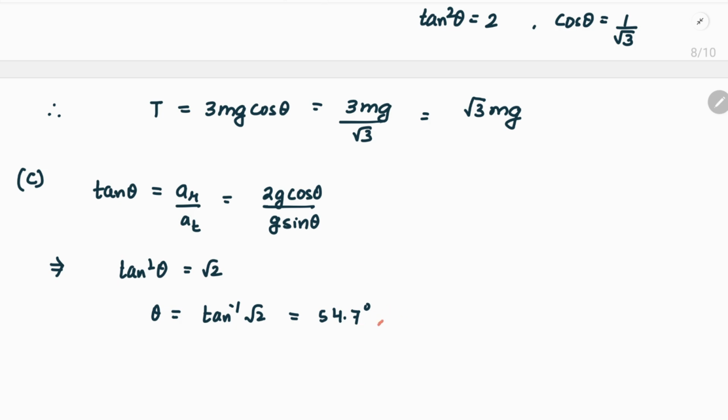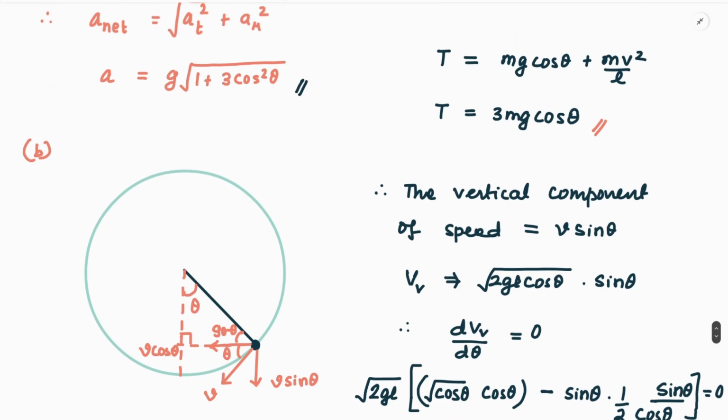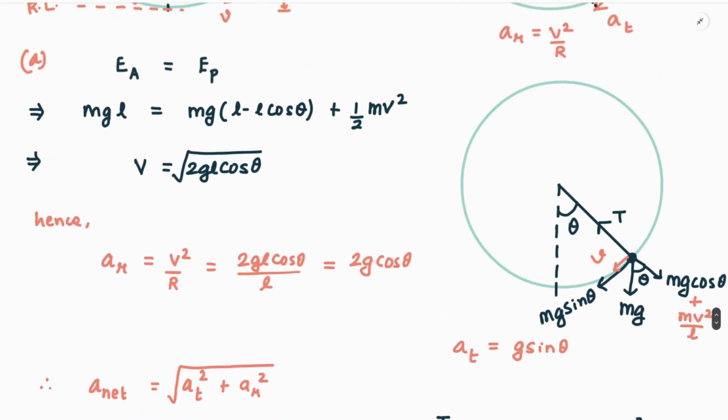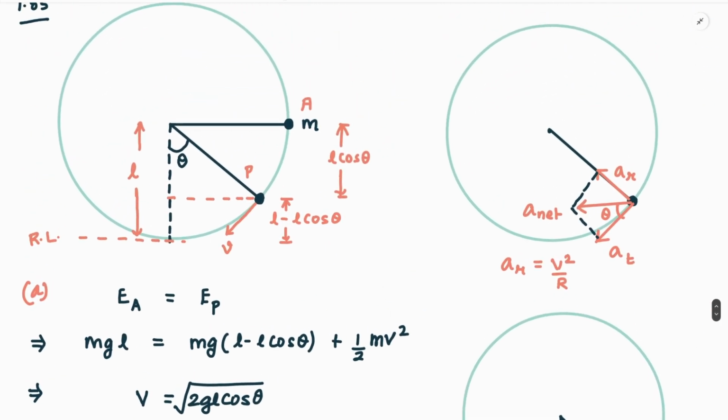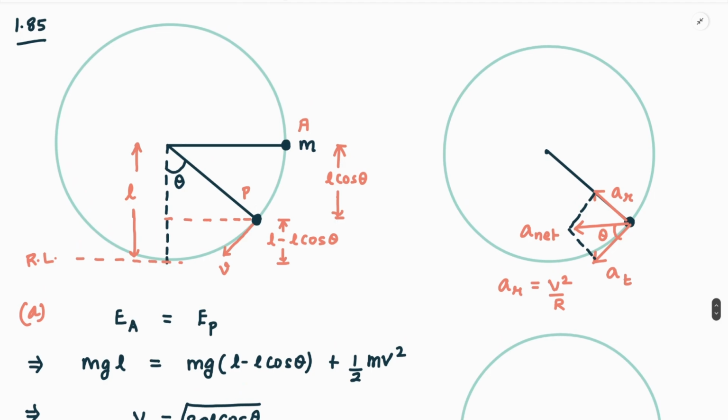So this is the third part of the problem, the angle theta between the thread and the vertical at the moment when the total acceleration vector of the sphere is directed horizontally. This is how we solve this particular problem. This is a very wonderful problem, problem number 1.85, where we consider every small aspect of the circular motion of the particle which is released from a certain point, and as it covers its motion, we have discussed several aspects about its motion.